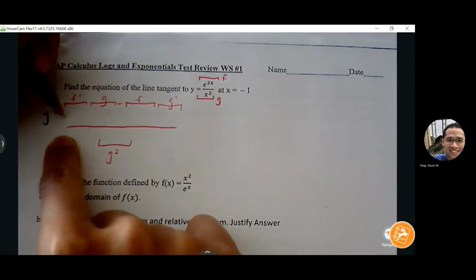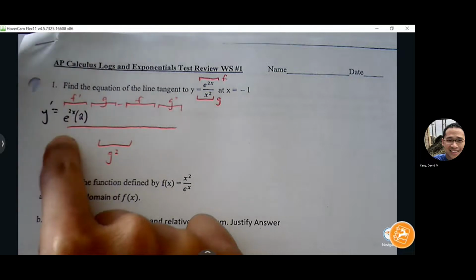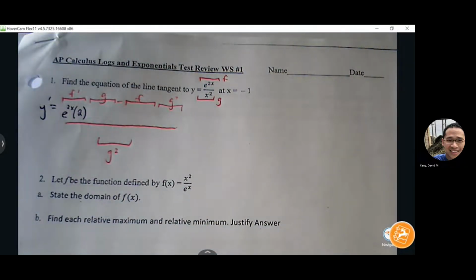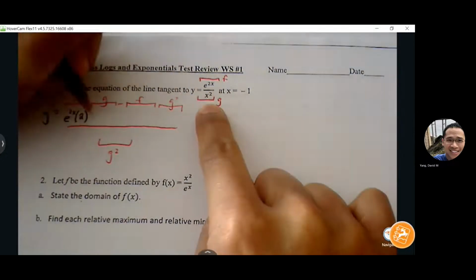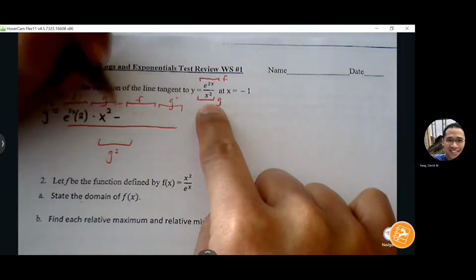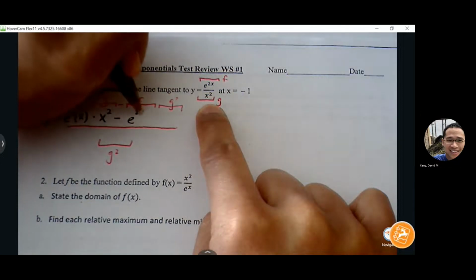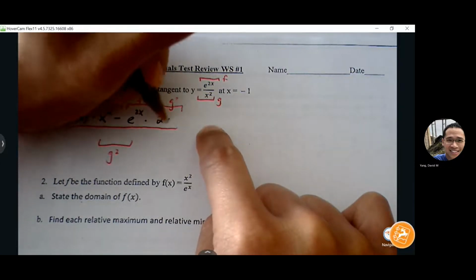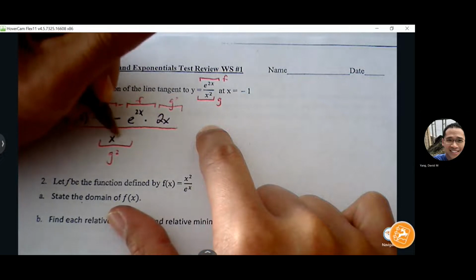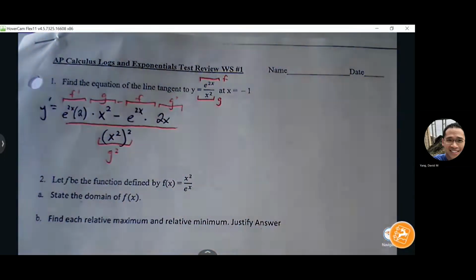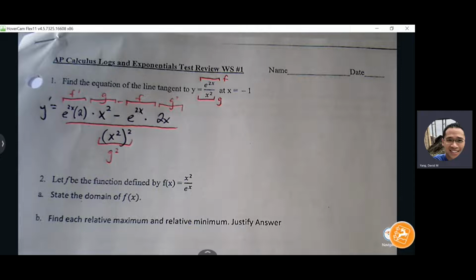F prime times G. Okay, so F prime G minus F G prime all over G squared. Let's do some cleanup.